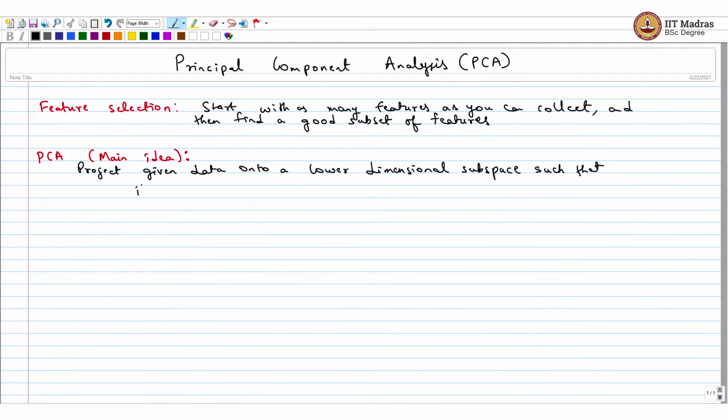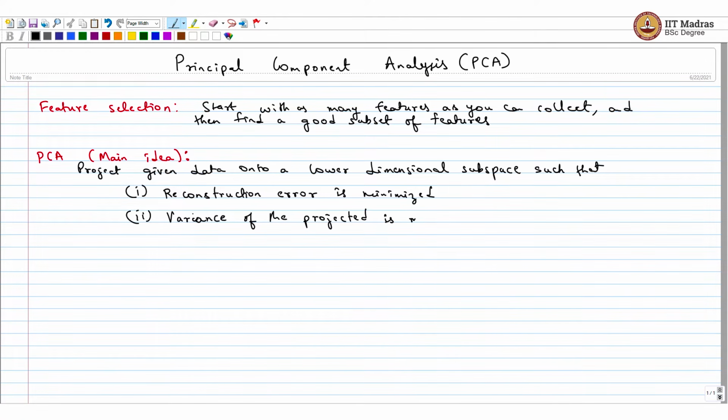One is: project onto a low dimensional space such that reconstruction error, we'll make all of this precise, reconstruction error is minimized, or alternatively, the variance of the projected data is maximized.